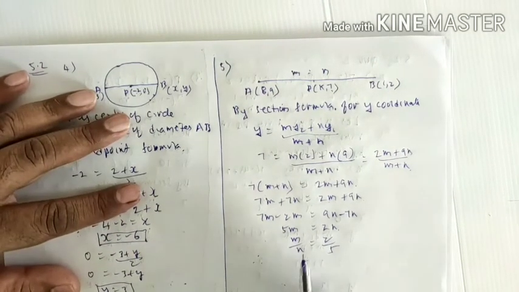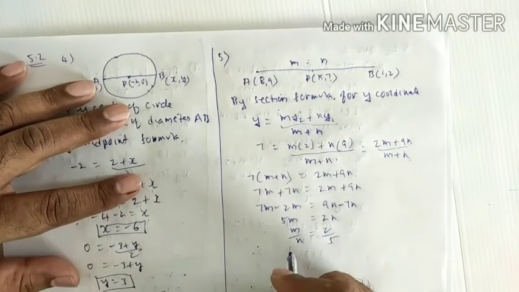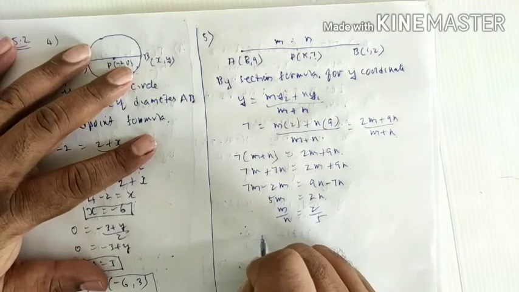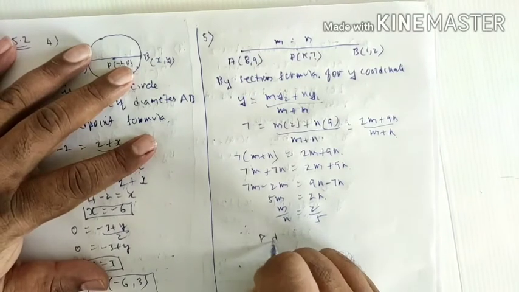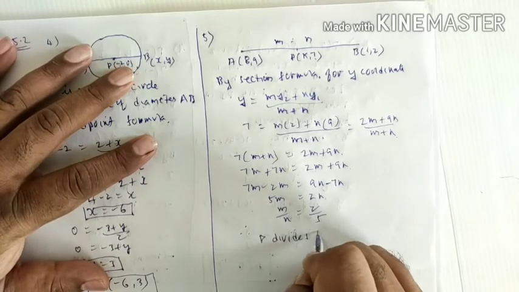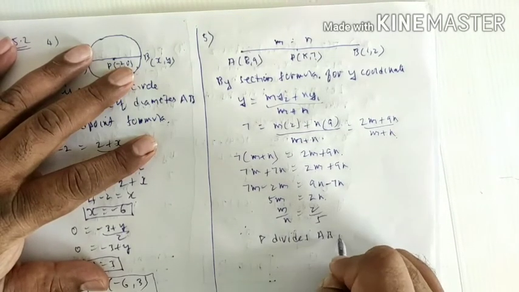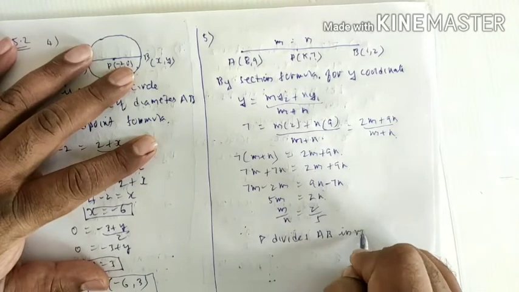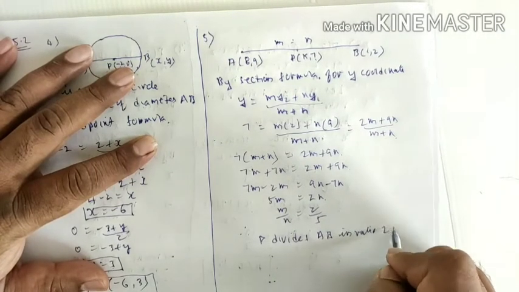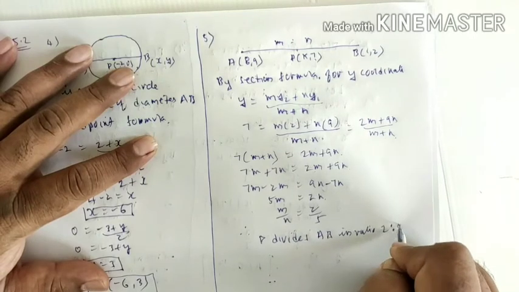We got our first answer. Therefore P divides AB in the ratio 2:5.